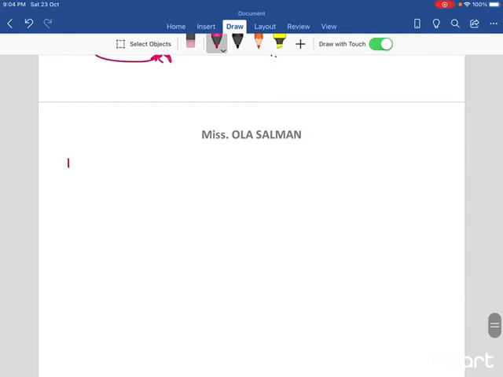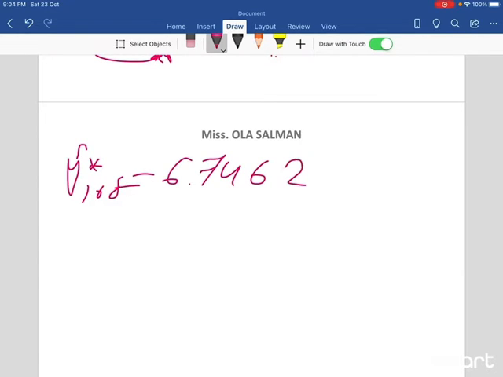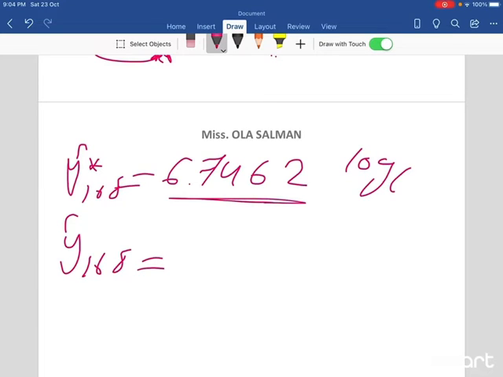I will have y star 168. It will be 6.7462. But in the exercise they need y hat 168. So how will you calculate it? This is the log of yt, so y star of t is the log.